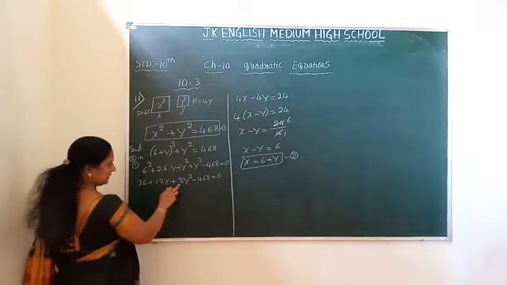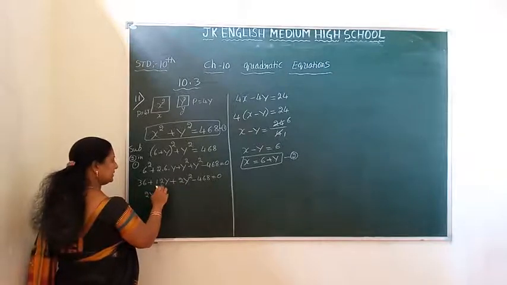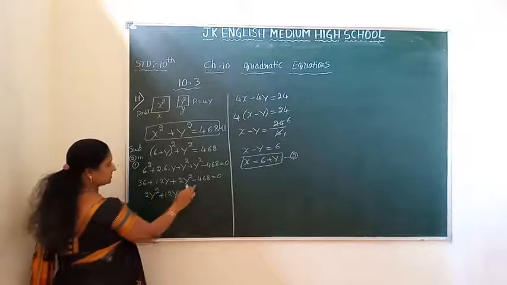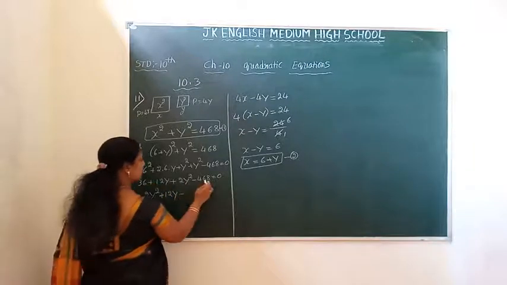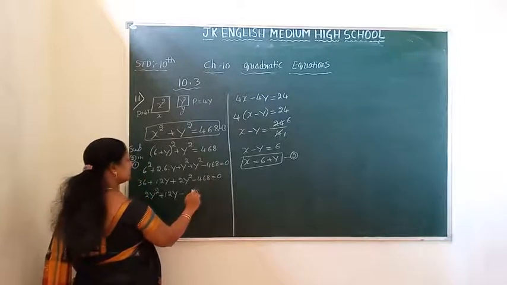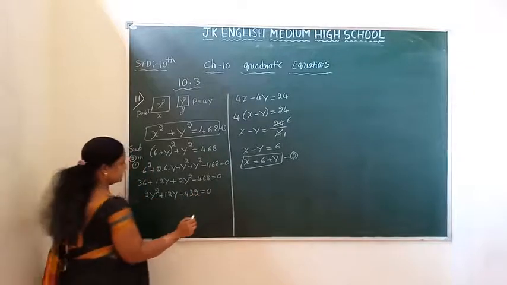Now you observe, I arrange the terms: first the power 2 term, next the power 1 term, next the constant. Here 36 minus 468 is minus 432.